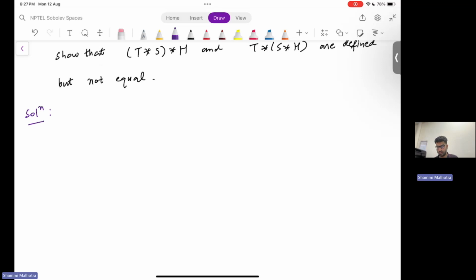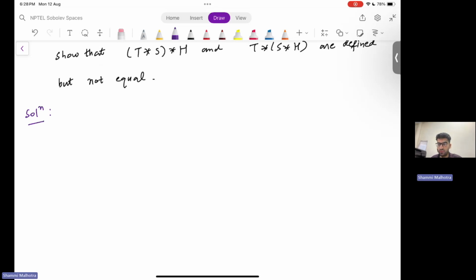So how to deal with this type of question? Basically, we will evaluate these convolutions directly, and we actually will see that they are not equal.